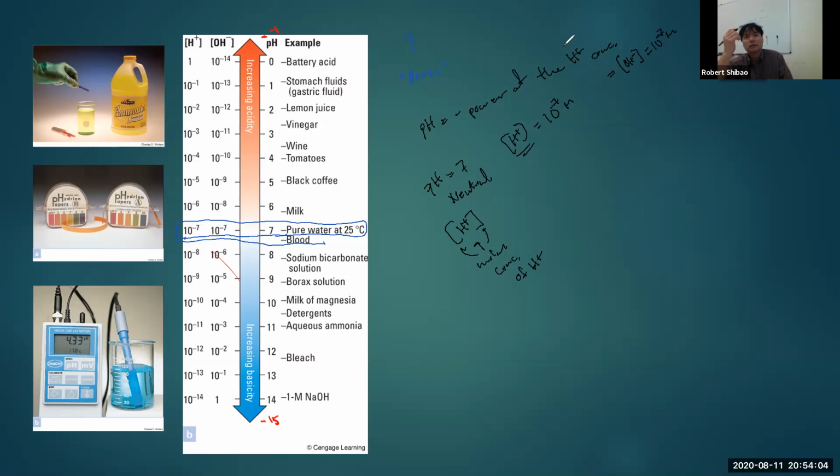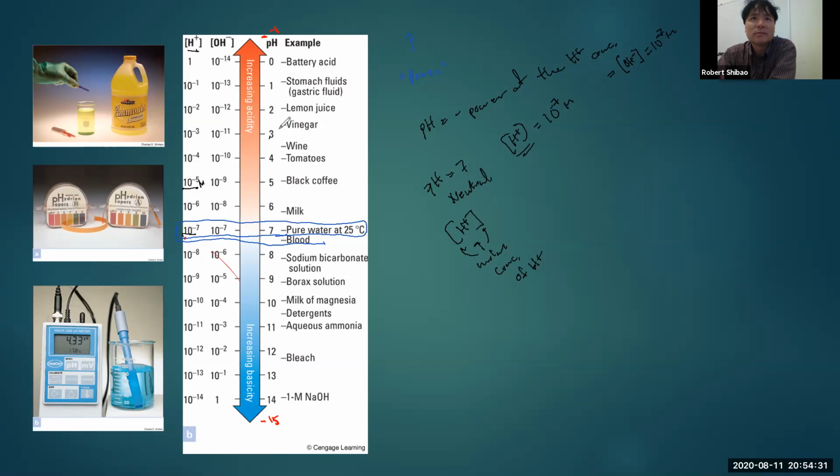We'll talk about where this comes from in the next slide, but if we have pHs lower than 7, that means we have hydronium ion concentrations greater than 10 to the minus 7. Like if we had a pH of 5, then we have a hydrogen ion concentration of 10 to the minus 5 molar. pH 7 is 10 to the minus 7 molar.